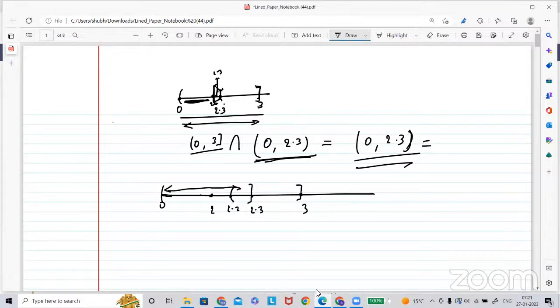If you are taking these two union, what will you get here? You will get open 0 to close 3, right?